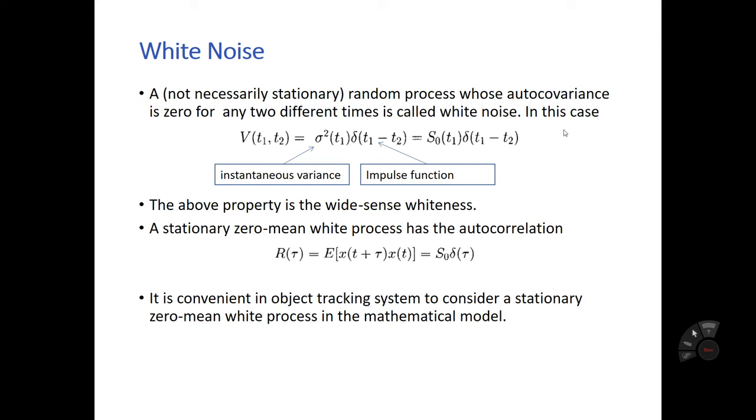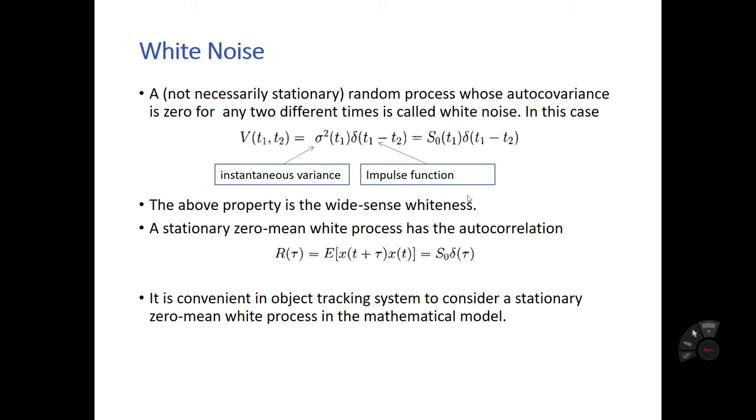In this case, suppose this is the autocovariance equal to this, where sigma is the instantaneous variance and this function is the impulse function. We just replace s naught and s naught of t1. This function is the same, both are the same. You can write it this way. The above property is whiteness.